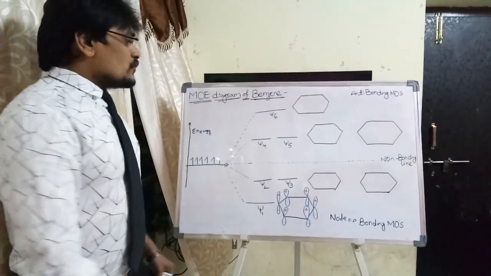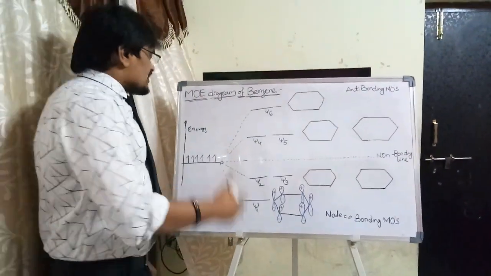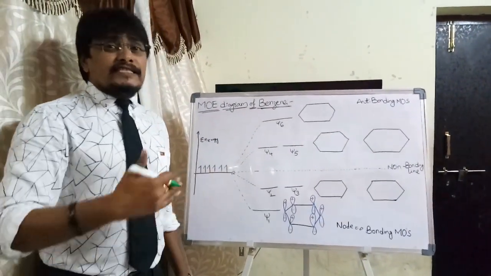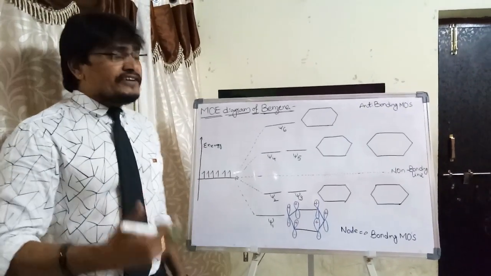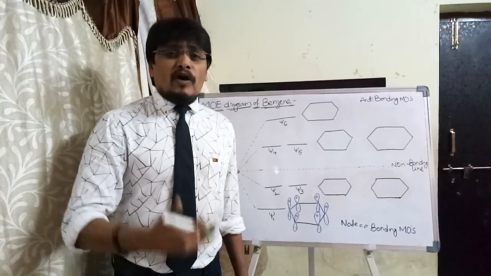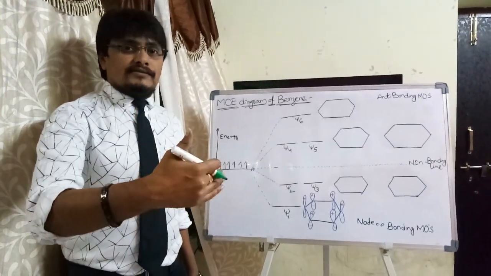Right. Coming to psi2 and psi3: as we move up, energy is increasing. What will happen to the number of nodes? The number of nodes will increase.